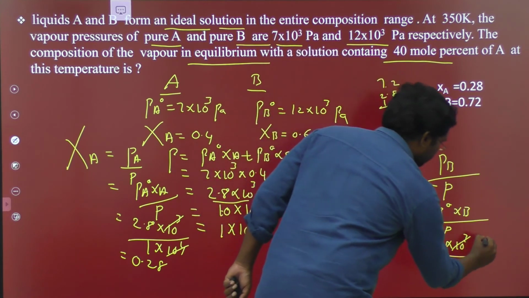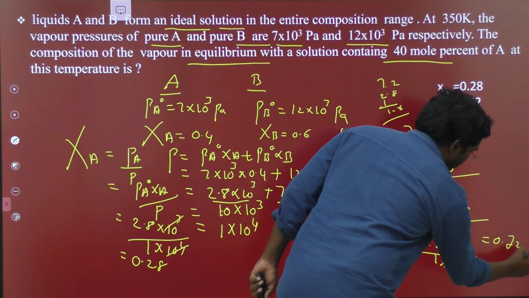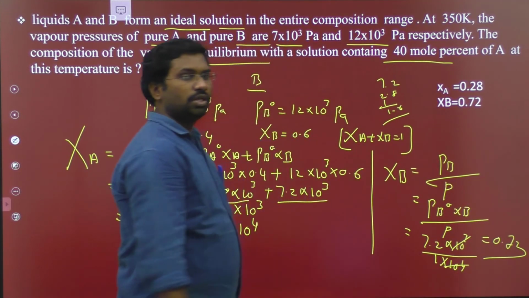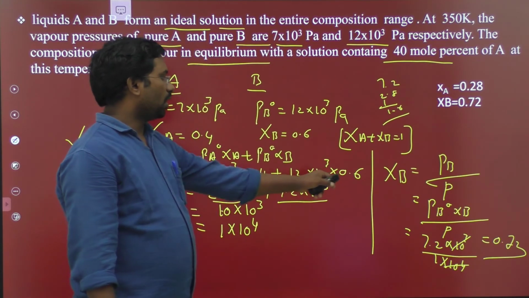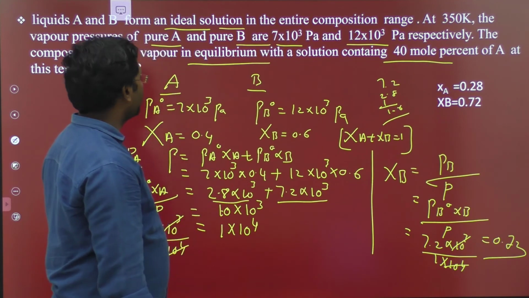This is equal to 0.72. So therefore, mole fraction of component A in vapor state is 0.28 and mole fraction of component B is 0.72.